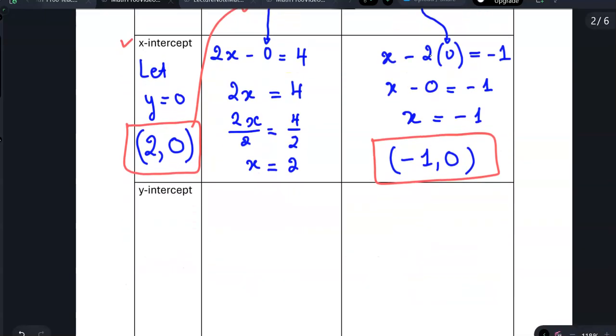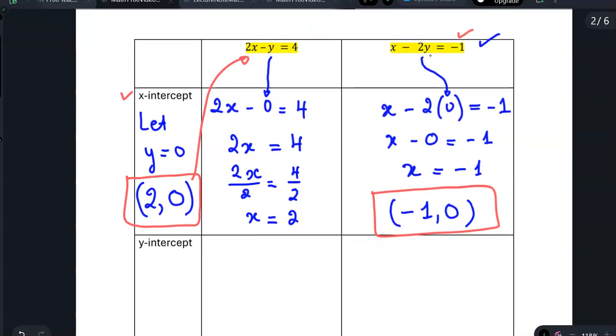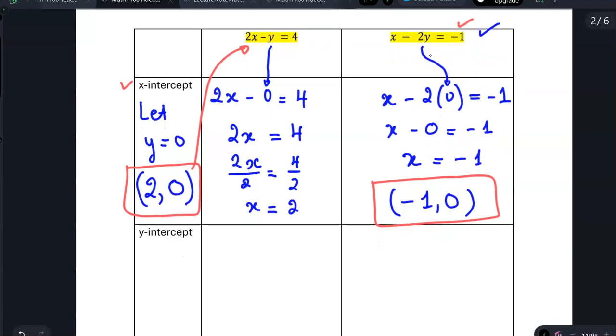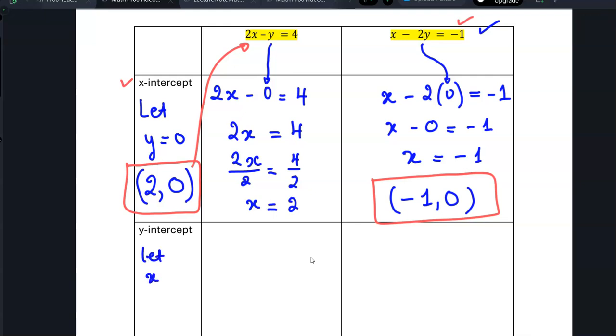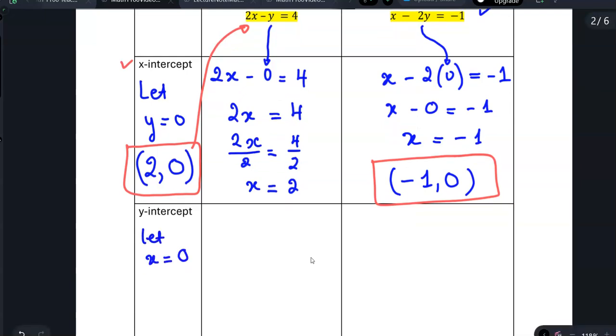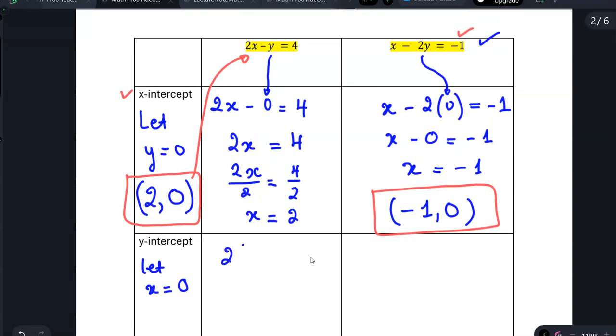Okay, so the same thing I would do for the first equation, 2x minus y equal to 4, I will find the y-intercept for that. So the y-intercept for this means I have to let x equal to 0. Okay, so I let x equal to 0. And what do I have? 2 times 0 minus y equal to 4. So where the x is, you substitute the value 0 into it.